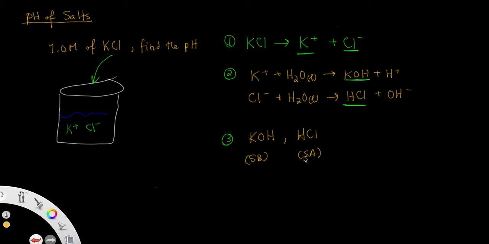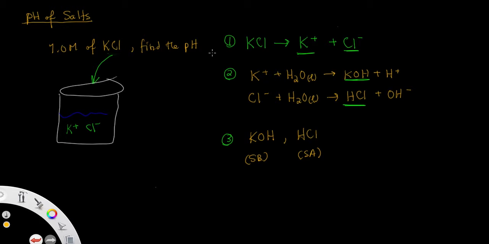Now, what we should know already from our acid-base knowledge is that strong acids produce very weak conjugate bases, and strong bases produce very weak conjugate acids. So with this in mind, we know that these will not be affecting the pH of water that much because what they produce is very weak, and those weak conjugates don't have high affinity to H plus ions.